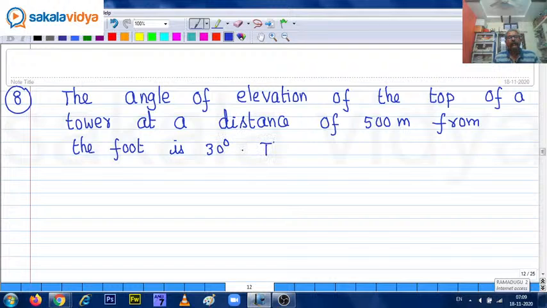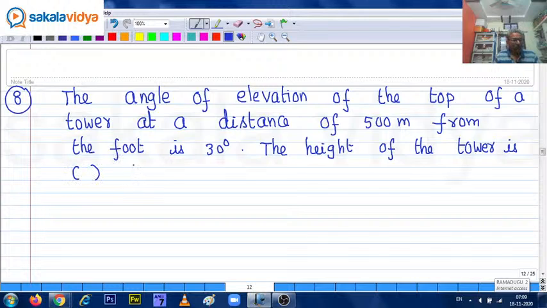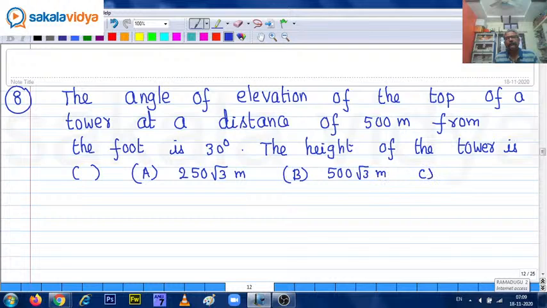The height of the tower is: A, 250 root 3 meters; B, 500 root 3 meters; C, 500 upon root 3 meters; D, 250 meters.